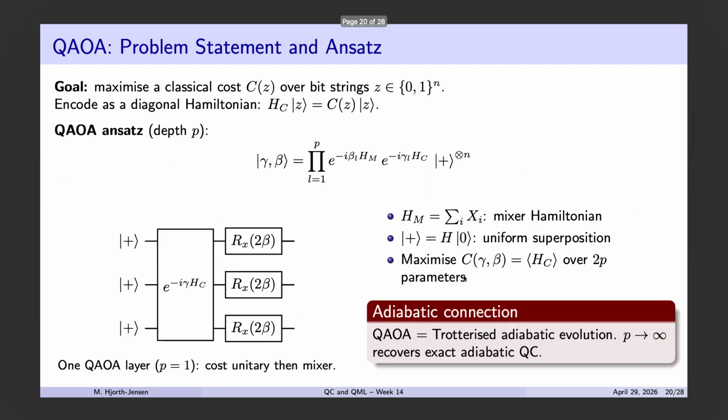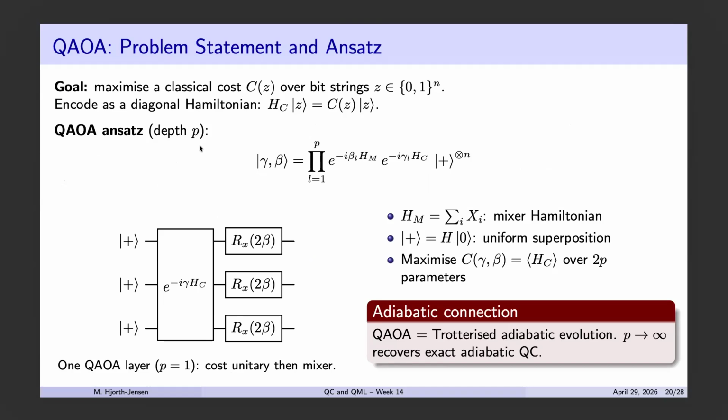If we look at the QAOA, which we had from last week, this is just linking the quantum neural networks with what we have seen. Then we want to maximize a classical cost function over these bit strings. And we encode the Hamiltonian, which is an Ising model lookalike.